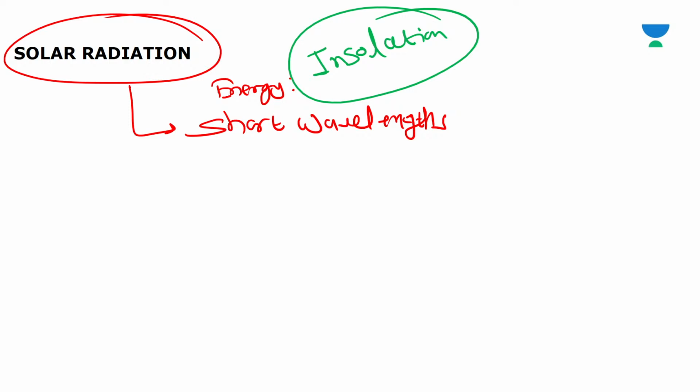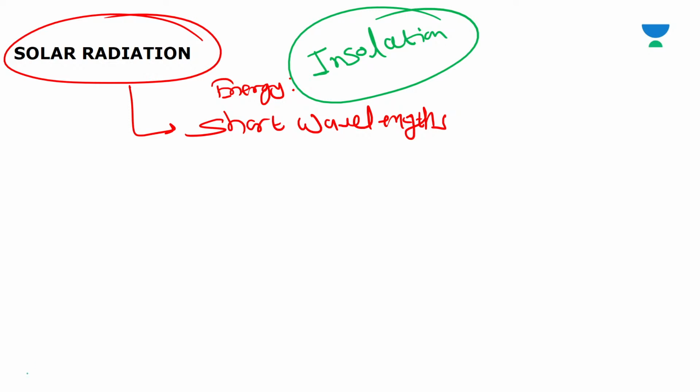Now, the Earth is a geoid resembling a sphere, and the sun's rays fall obliquely at the top of the atmosphere, and the Earth intercepts a very small portion of the sun's energy.